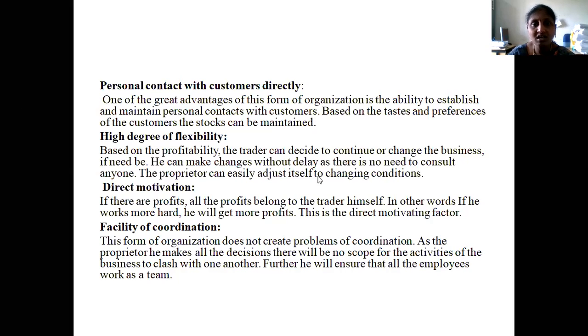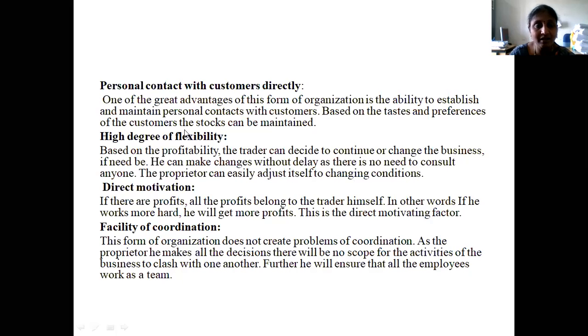He can make changes without delay, as there is no need to consult anyone. Whatever changes you want to make in your business, you can make them without any delay, because there is no requirement to consult any other person. There is no need to communicate with others.